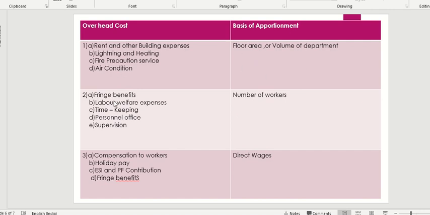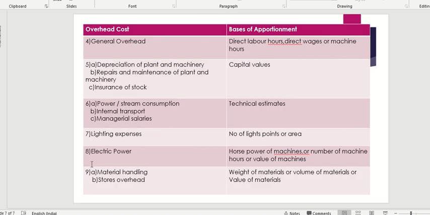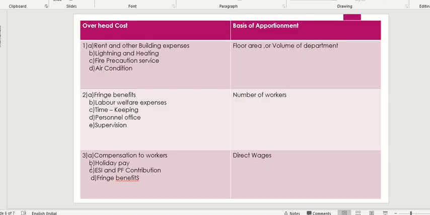When it comes to fringe benefits, labor welfare expenses, timekeeping, personnel offices, supervision, basically all these expenses relate to the employees, so they will be apportioned based on the ratio of number of workers. Then we have compensation to workers, holiday pay, ESI and PF contribution, and fringe benefits.